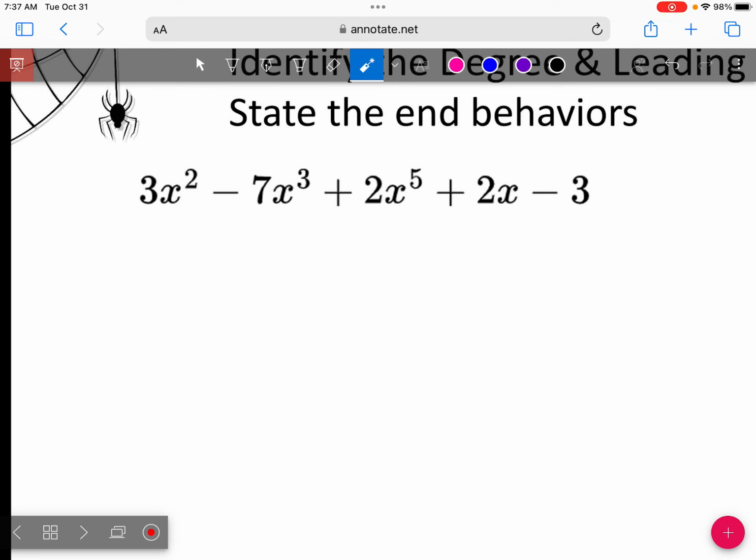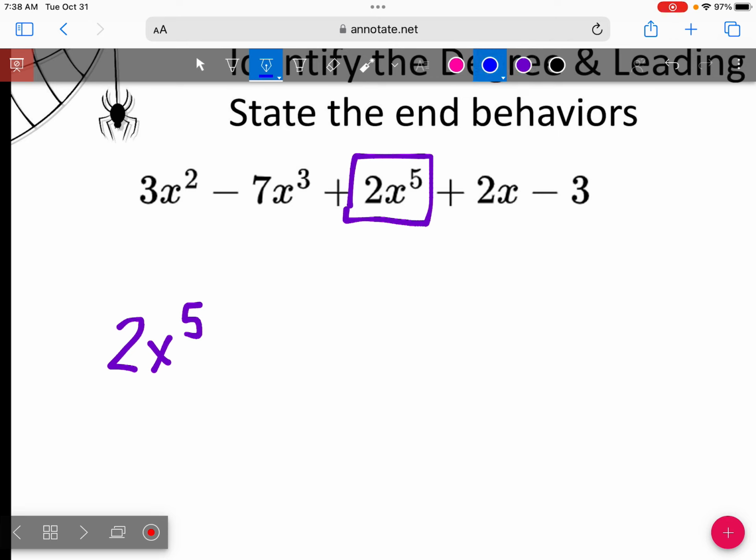So what we're going to do to put this in our standard form is we're going to rearrange this so my exponents go biggest to smallest. So what is my biggest exponent here? Yeah, the 2x to the fifth. So that's going to be our front term, 2x to the fifth.